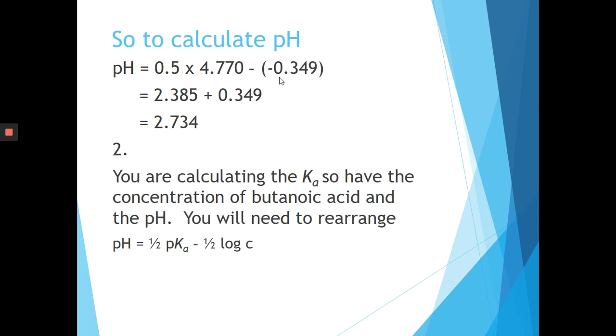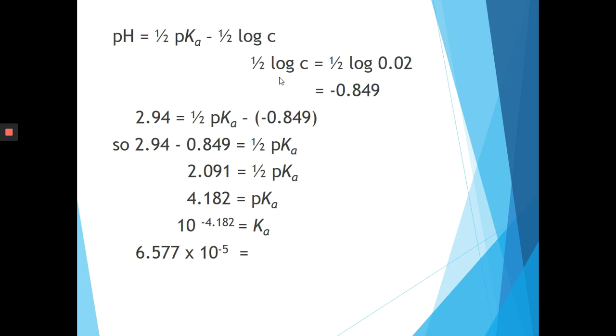The second one, you're actually going to have to calculate Ka. You're given the concentration of butanoic acid and you have the pH. So you'll need to do the calculation and rearrange it. First thing to do is work out what a half log C is. Then put that plus the pH value you were given in the question into the equation. Then start rearranging it.